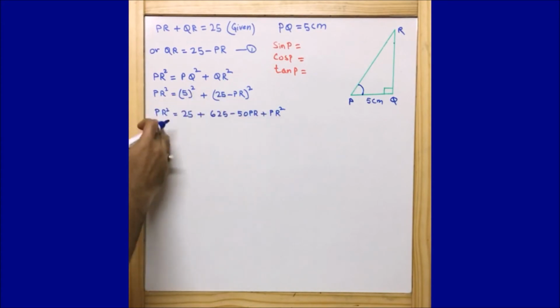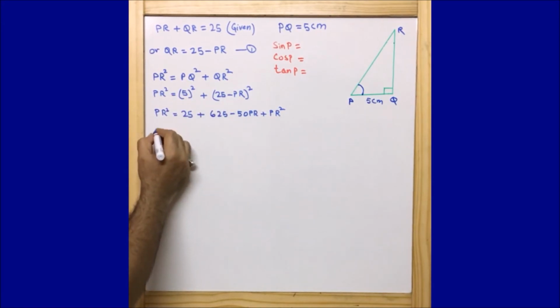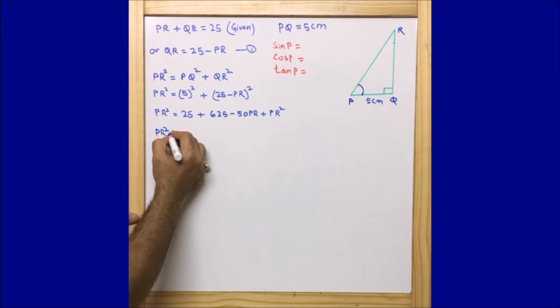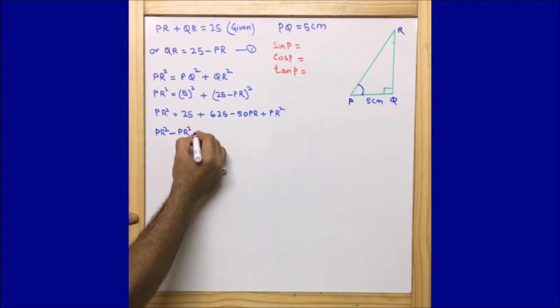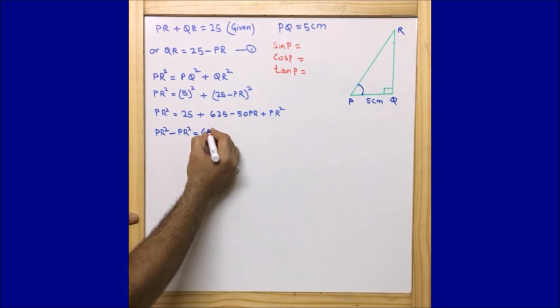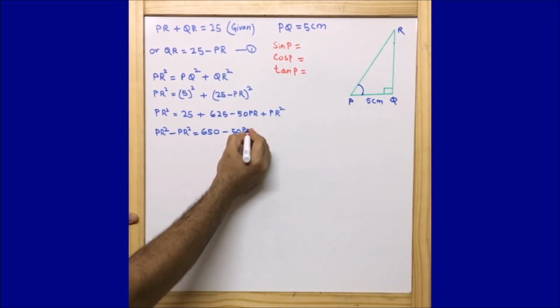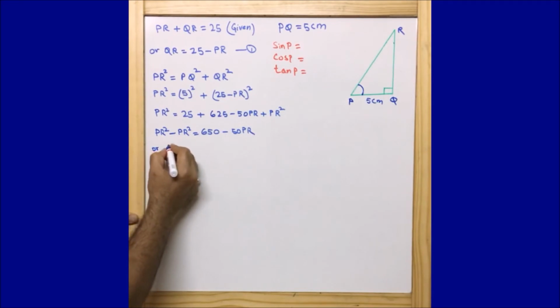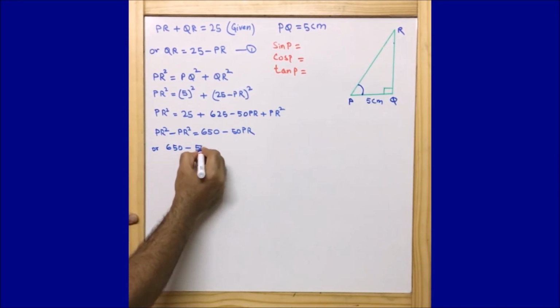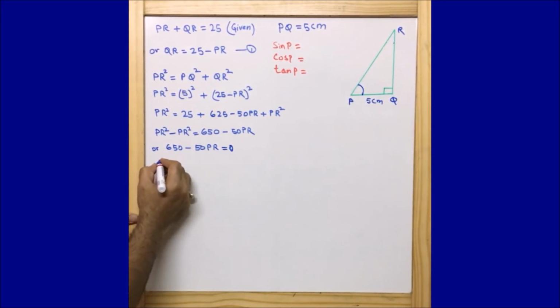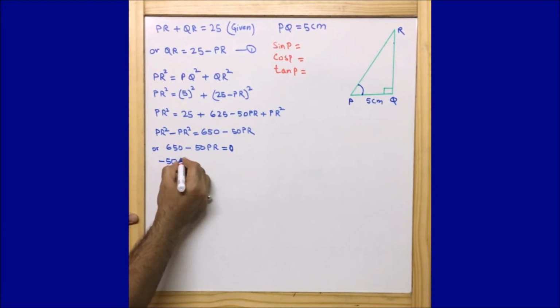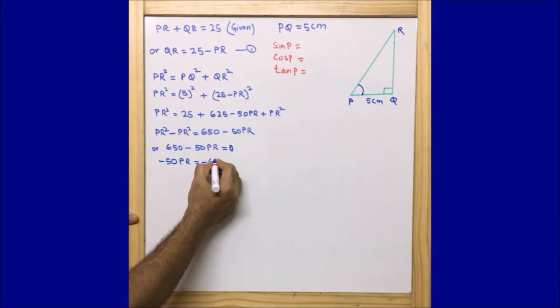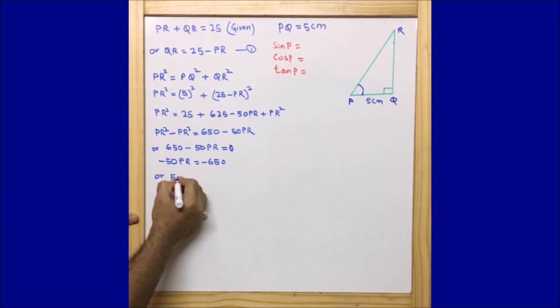Now let me move this PR square to the left side. What I'm getting is PR square minus PR square is equal to 625 plus 25 is 650 minus 50 PR. PR square minus PR square is equal to 0. So I can write 650 minus 50 PR is equal to 0, or minus 50 PR is equal to minus 650, or 50 PR is equal to 650.